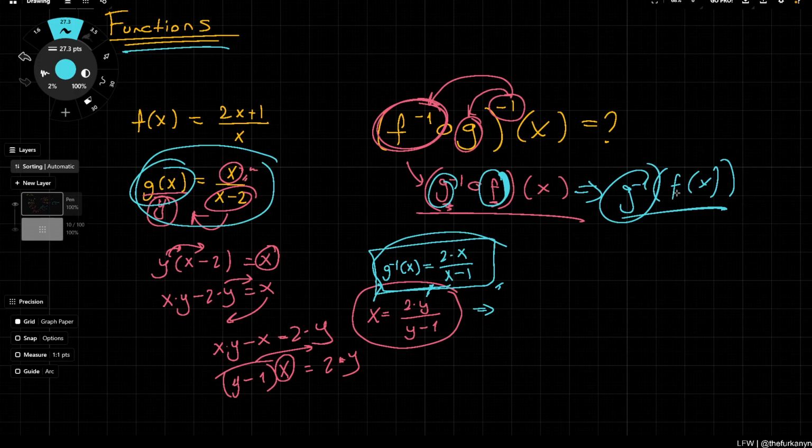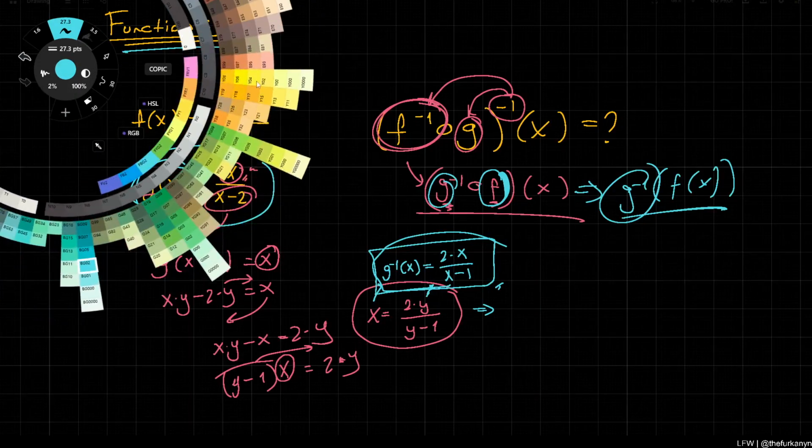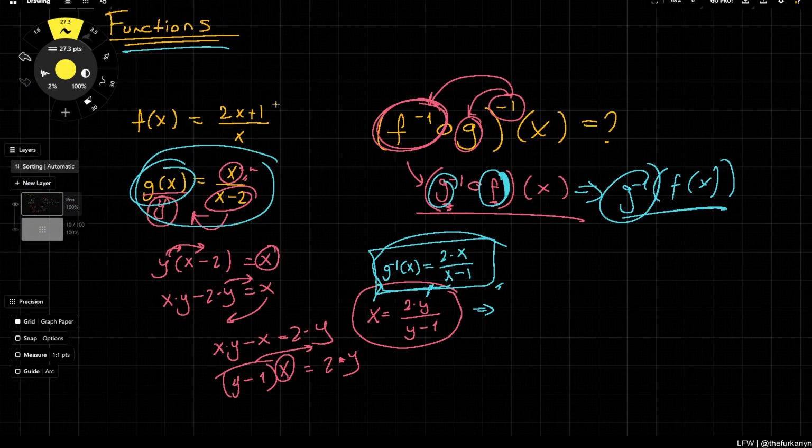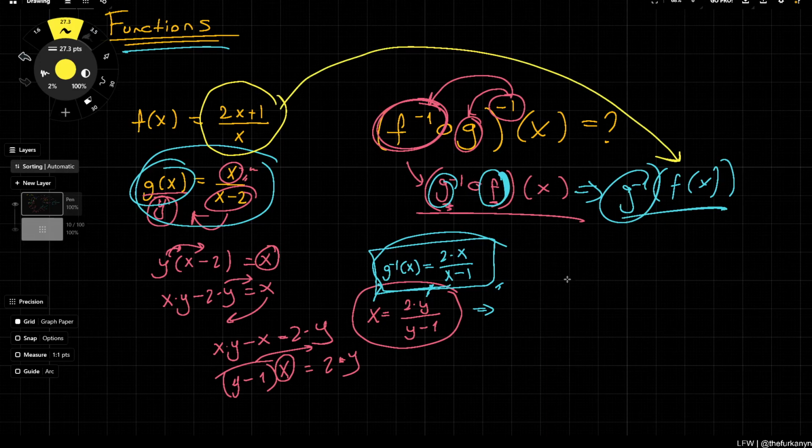Let me make this yellow. We're just going to get this into the opposite of the g function. So we're going to write g opposite of the g function, and inside of it we have the f function.